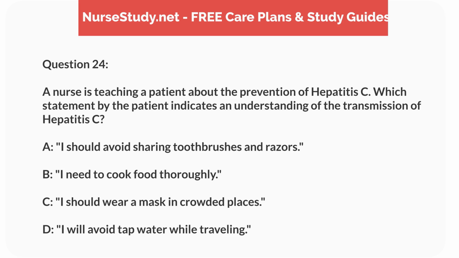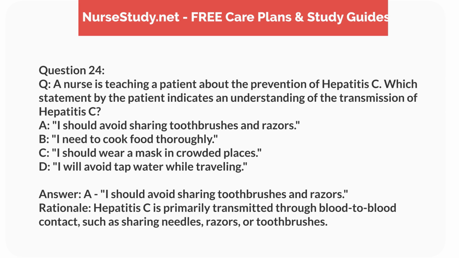D. I will avoid tap water while traveling. Answer. A. I should avoid sharing toothbrushes and razors. Rationale. Hepatitis C is primarily transmitted through blood-to-blood contact, such as sharing needles, razors, or toothbrushes.